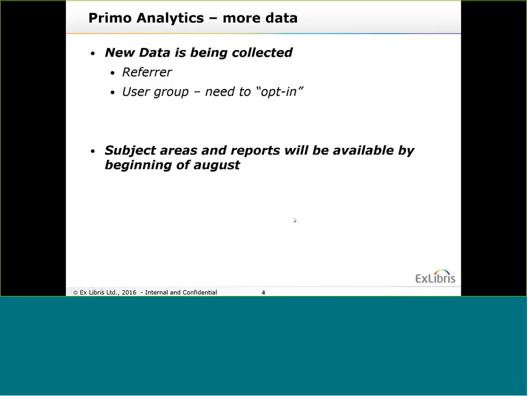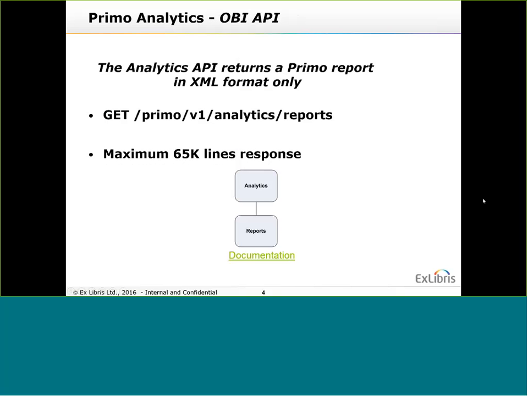The next thing we did for the OBI, for Primo Analytics, this is coming actually from the Ex Libris IDs exchange. It was voted a lot to add the OBI APIs. Again, since this is the same infrastructure as Alma, for Alma customers that are familiar with the Alma Analytics API, this is really the same what we are sharing now with Primo.